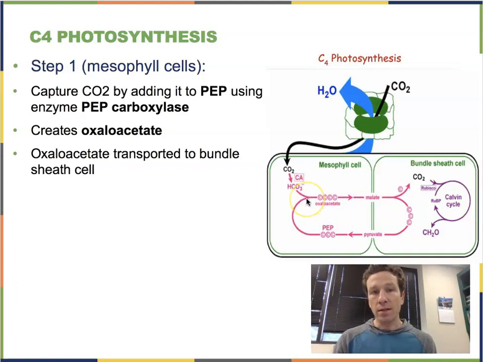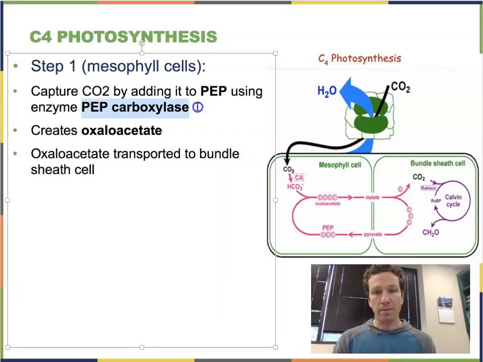The enzyme that does this reaction, remember that it, like all other enzymes, is named after what it does, and so its name is simply PEP carboxylase. So what have we accomplished so far? We have captured carbon dioxide and made a 4-carbon compound.